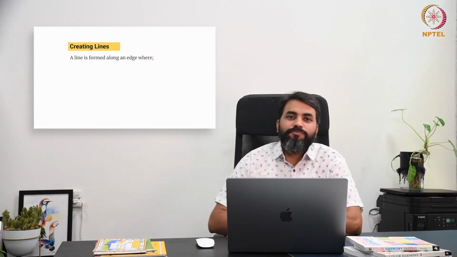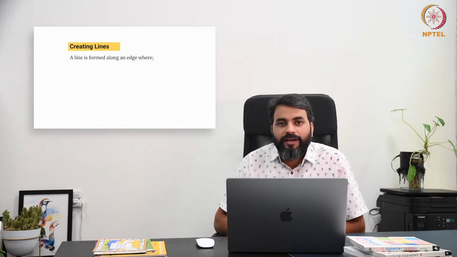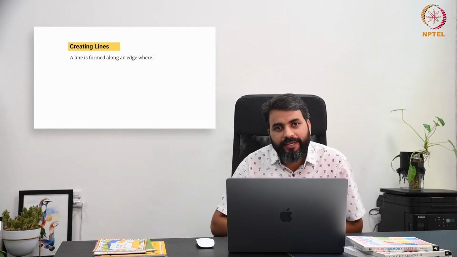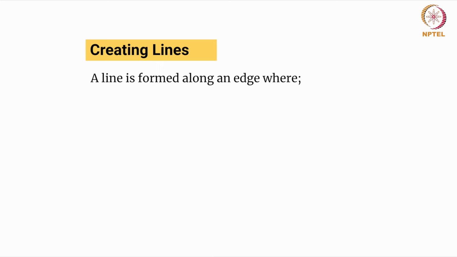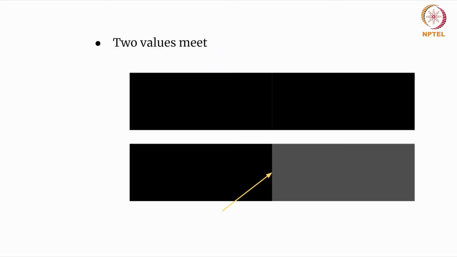All right, so let us move ahead and see how we can create lines. A line can form along the edge as well, and this may happen when two values meet.